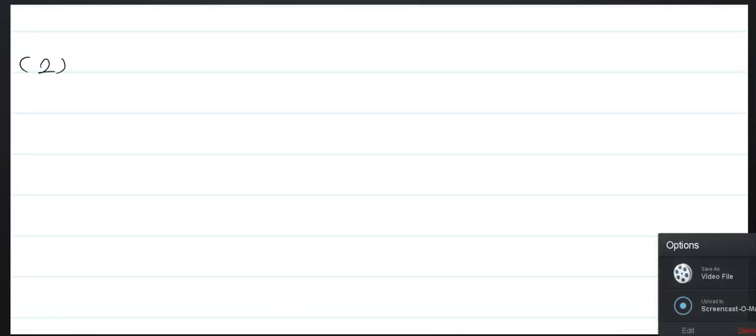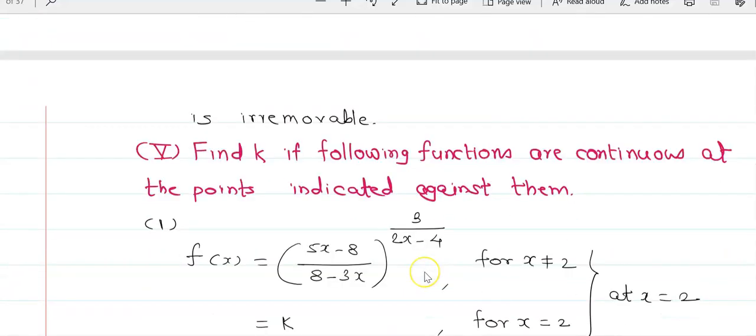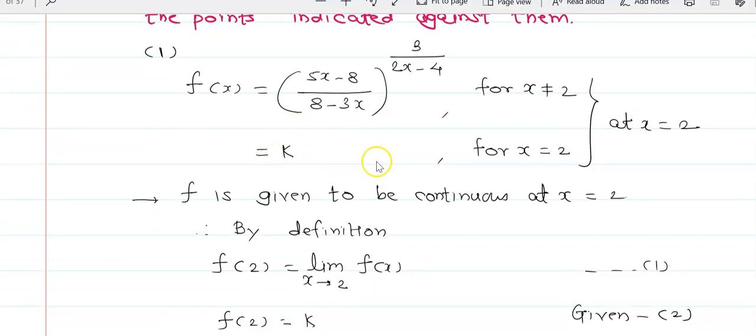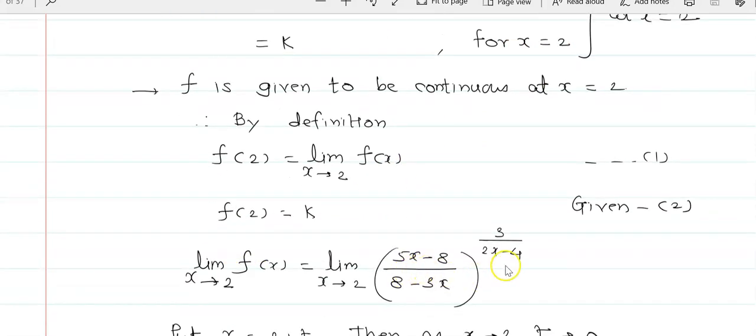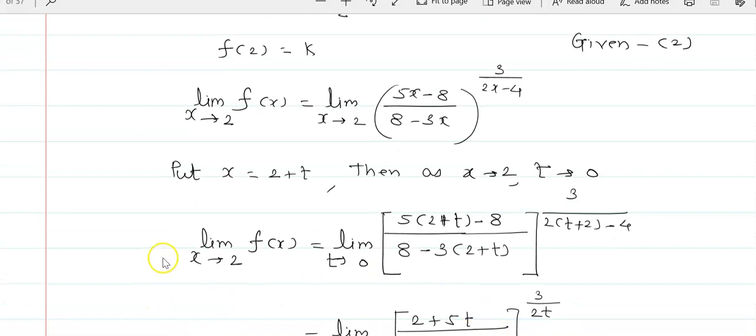Again, see this step by step. Here k at x equals 2, continuous, f(2) equals k. We will find out the limit. For that, put x equals 2 plus t. As x tends to 2, t tends to 0.